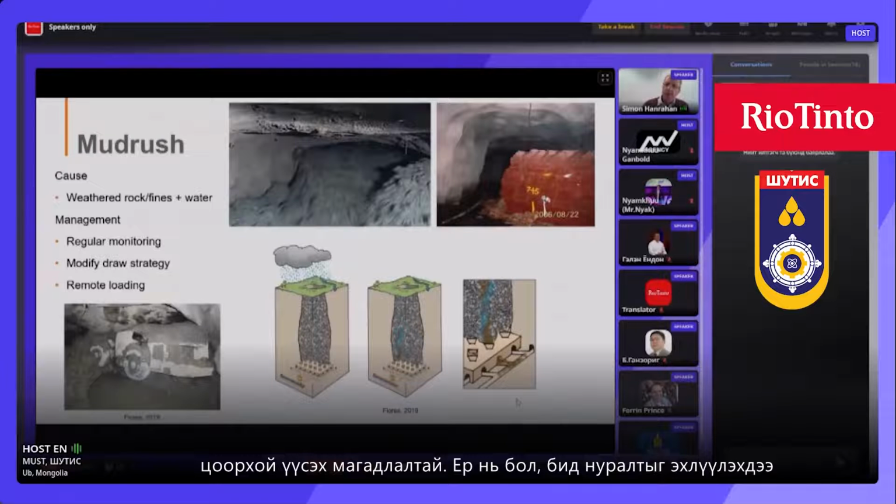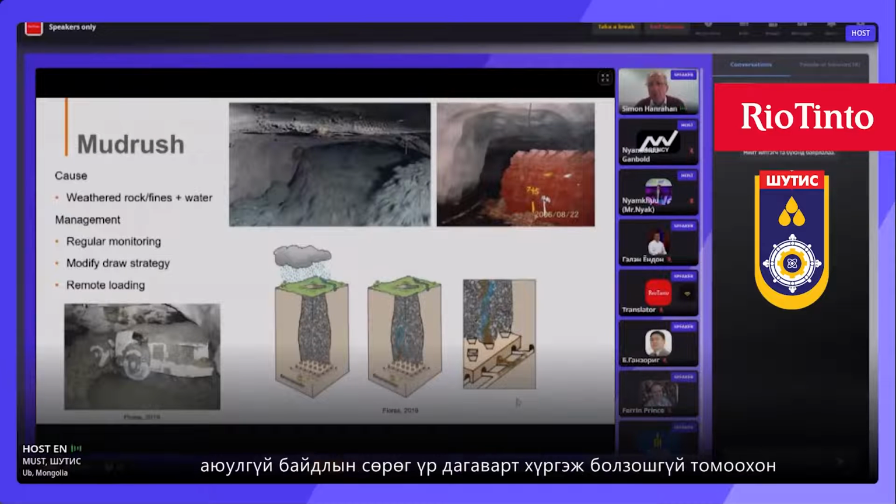So we have a look at the other hazard to share, and that's mud rushes. So mud rushes can occur when effectively you mix rock with moisture, water.